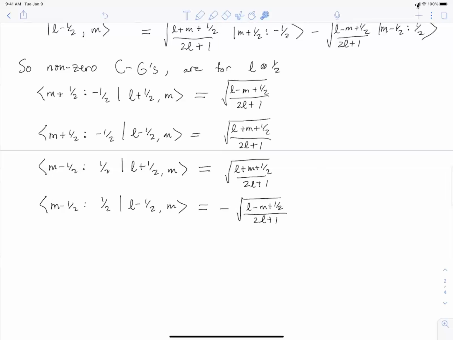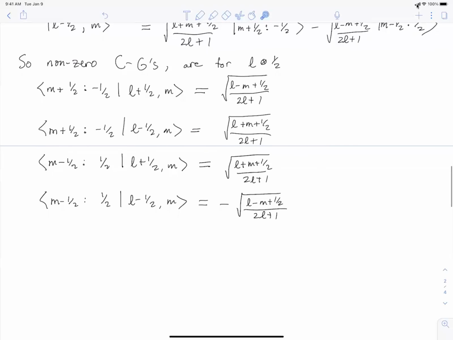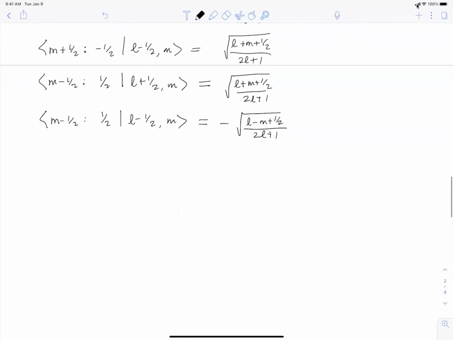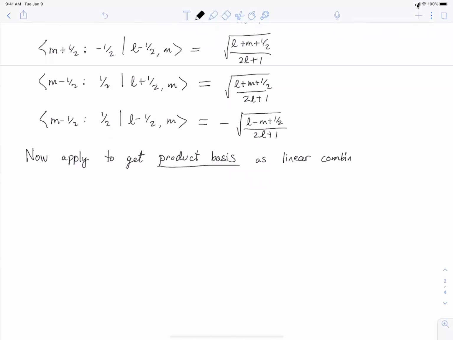Okay, so now that we got the Clebsch-Gordan coefficients, and we got them by writing the total states in terms of the product states, now we can reverse them using the completeness relation that I wrote down earlier, without doing any extra work, to get the product basis states as linear combinations of the total basis states, which is sort of the reverse operation of what we did.